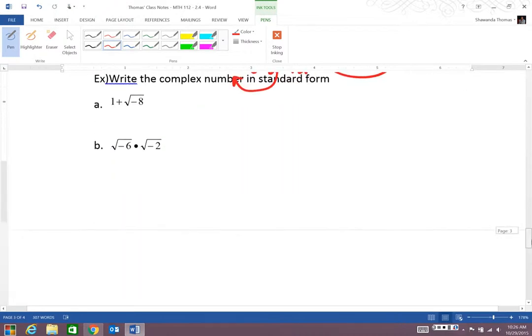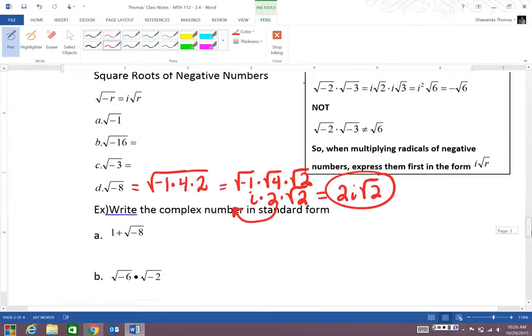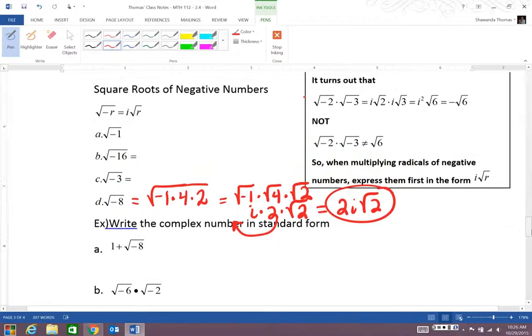Alright, next we're going to write the complex number in standard form. Now I did have a note over here that if you have the square root of -2 times the square root of -3, you have to pull out the i first. Okay, you can't multiply -2 times -3 and get the square root of 6. You have to pull out the i's first. So the square root of -2 is i square root of 2.